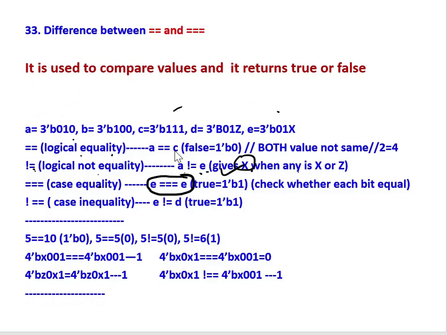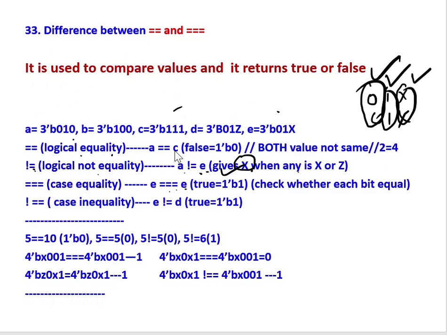For example, here e triple equal to e, where e is 0 1 x, is compared with e again, 0 1 x. It will compare each bit with the corresponding one. Both are the same, so it will give you 1 here. It checks whether each bit is equal or not.